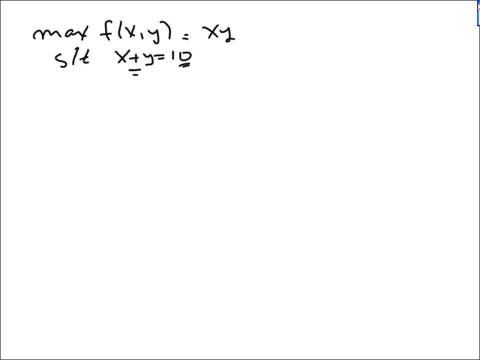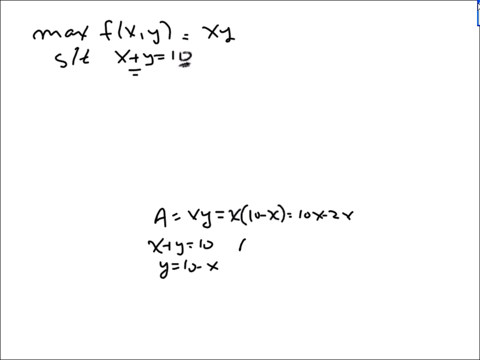The area is xy, and I have that x plus y is 10, so y is 10 minus x. So it's x times the new way of writing y, which is 10x minus x squared. I take the derivative, I get 10 minus 2x.